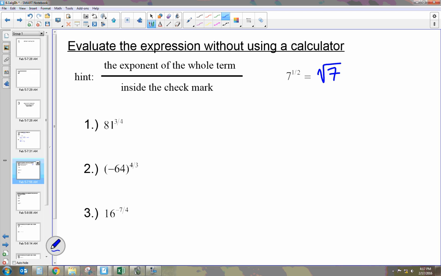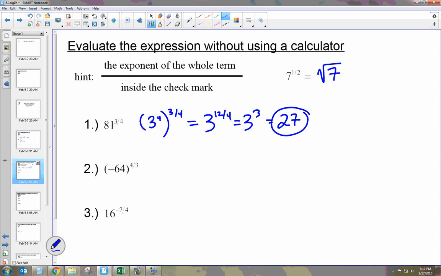What we can do for this is rewrite the bases to make it much easier. So we can rewrite 81 as 3 to the 4th, times 3/4, and this becomes 3 to the 12 over 4, which gives us 3 to the 3rd, which is 27.